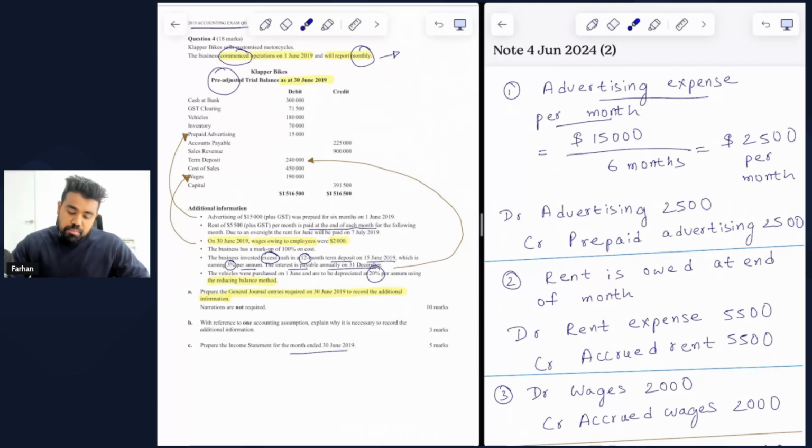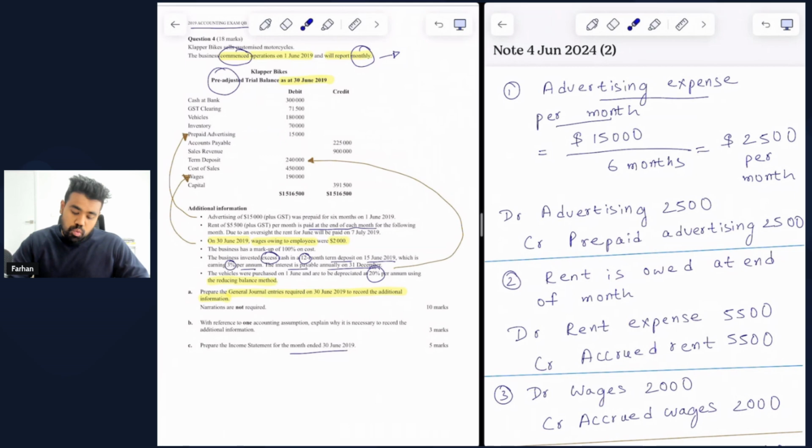We are crediting prepaid advertising by $2,500. This is to reflect a reduction in the current asset for prepaid advertising. You see in the pre-adjusted trial balance, the prepaid advertising is given as $15,000 debit because it is a current asset. But now that we have expensed 1 month of advertising, which is $2,500, we have to reflect this within the balance for prepaid advertising.